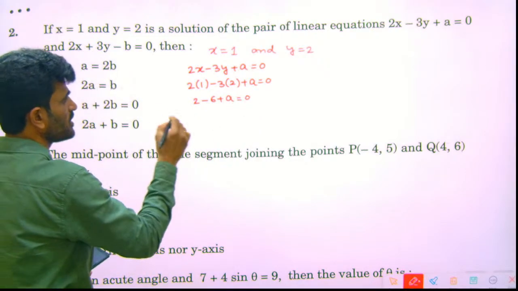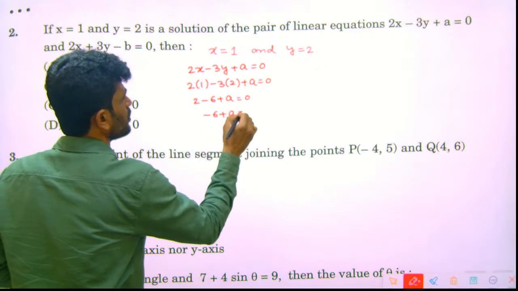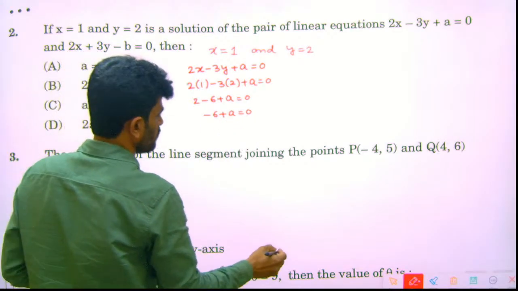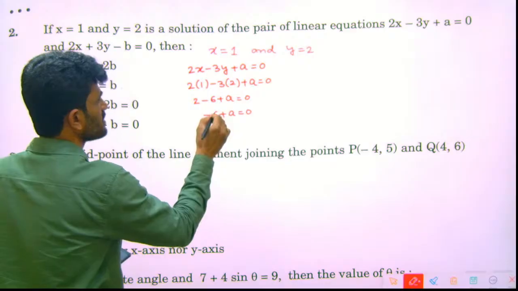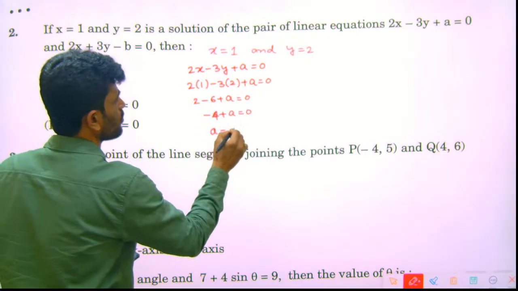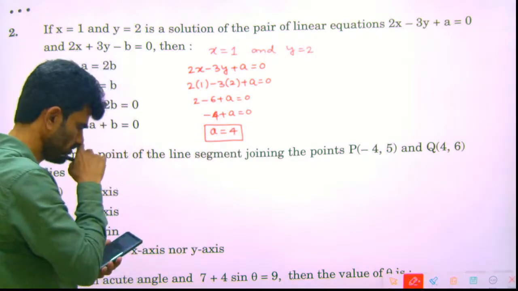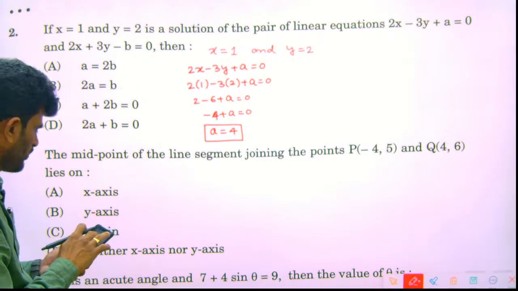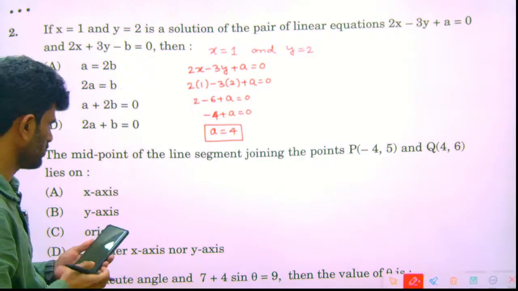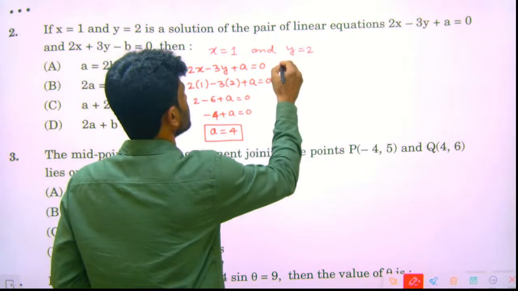Minus 6 plus a is equal to 0. 2 minus 6 is minus 4. So minus 4 plus a is equal to 0. Therefore a is equal to 4. We got a value. And next what we want? Second equation.